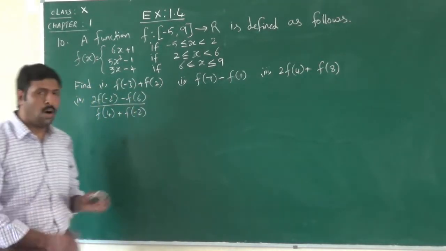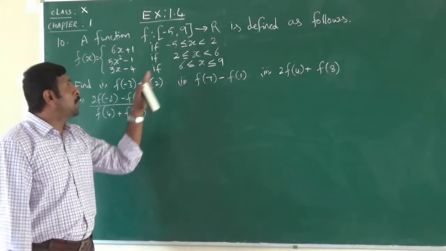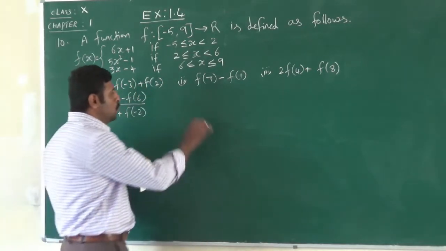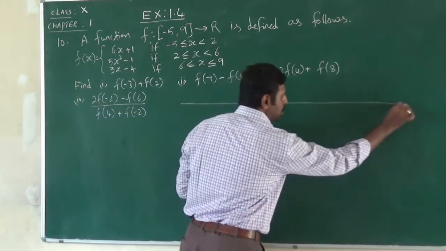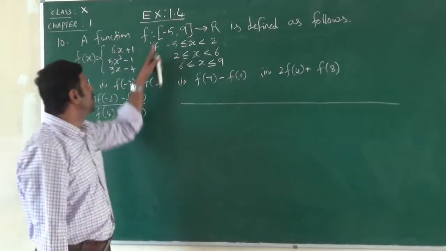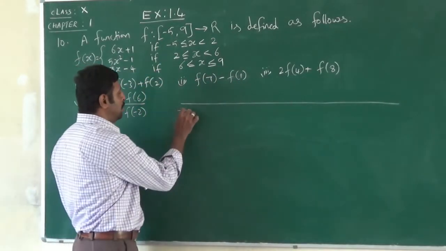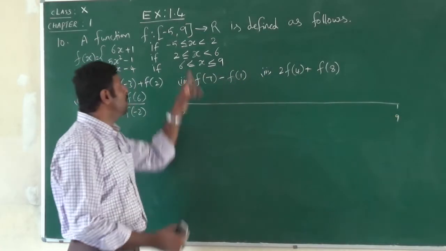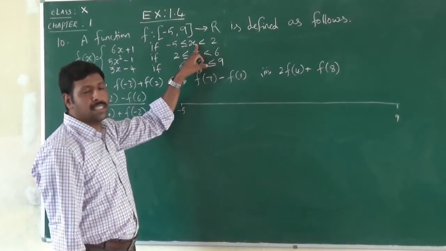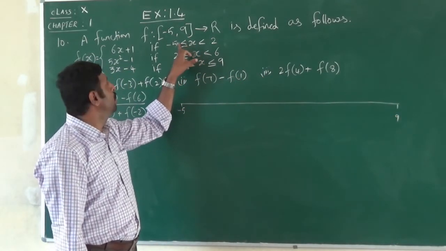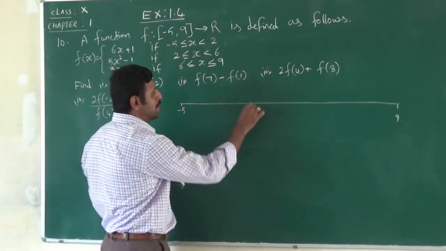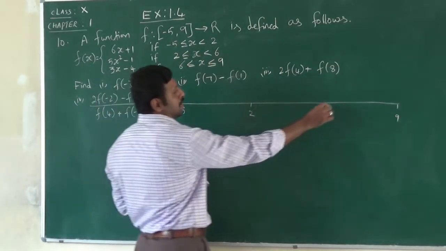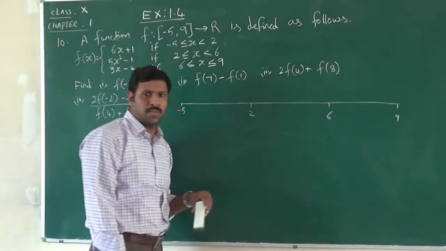First we want to find out how to find the appropriate functions by using the numbers. See, the given domain is minus 5 to 9. So I have minus 5 and then 9. Now come to the functions here. See, x is greater than or equal to minus 5 and then here we have 2. I take the number 2 and then 6 in the next function, right?